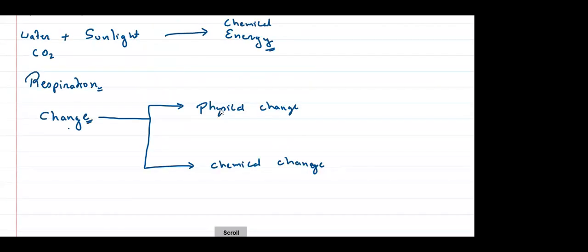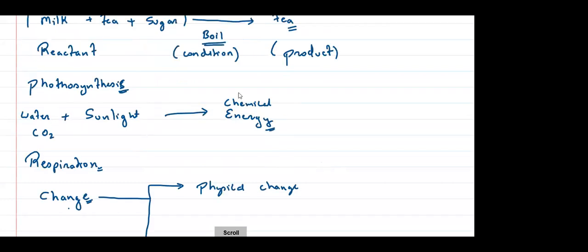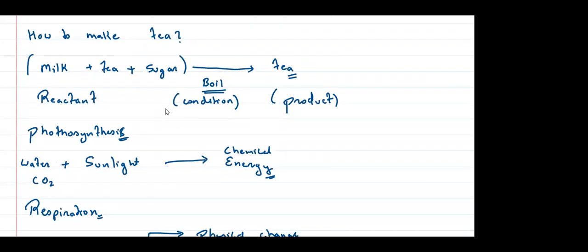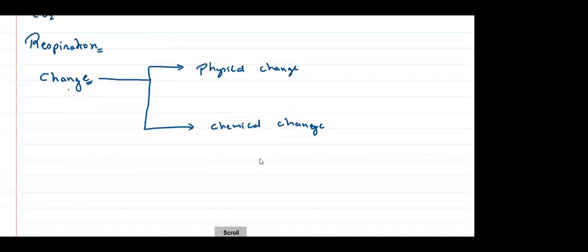Now, what do you think about this reaction? Is it a physical change or chemical change? Preparation of tea is a physical change or chemical change? When we burn the paper, it is a chemical change. Very good. Preparation of tea is also a chemical change, because the property gets changed. There's a theory that will be taught in your classroom, so I'm not covering the theory part.